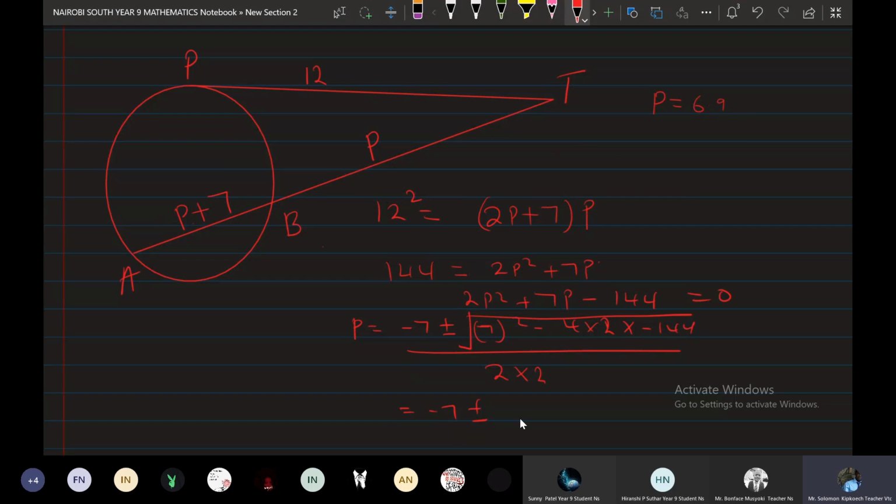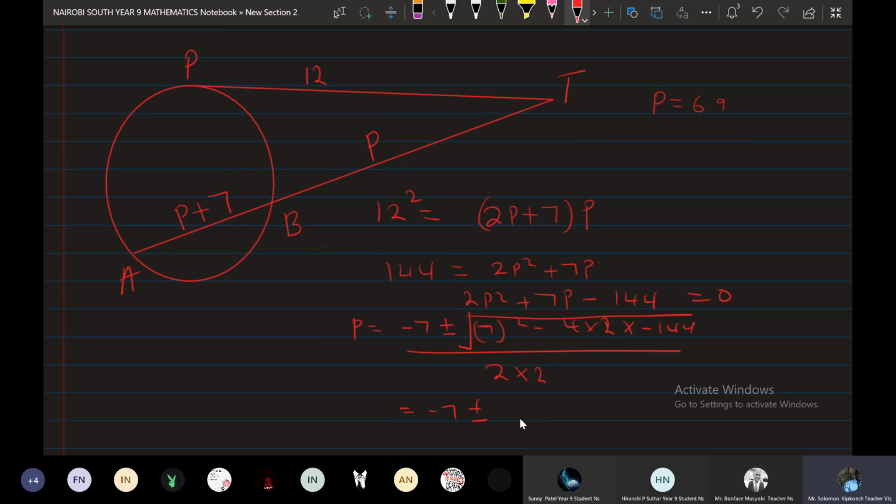Let's work out what is inside: 7 squared minus 4 times 2 times negative 144.